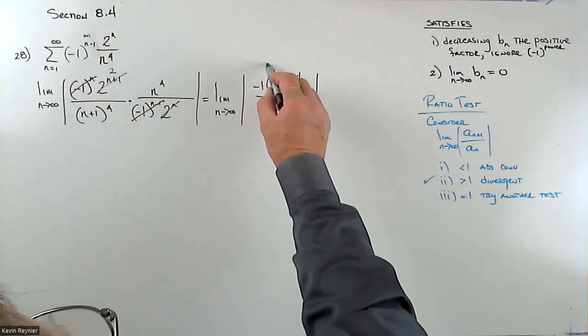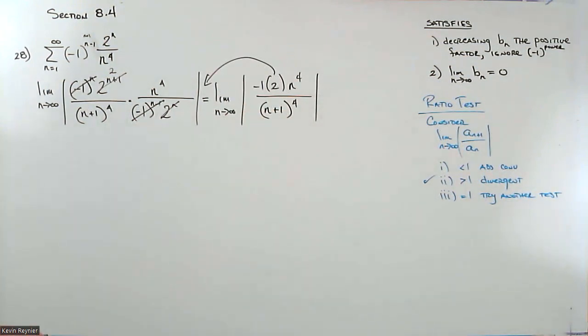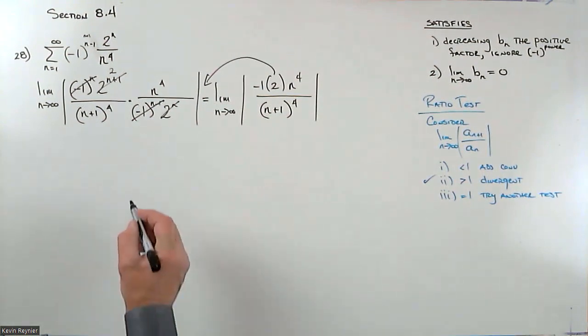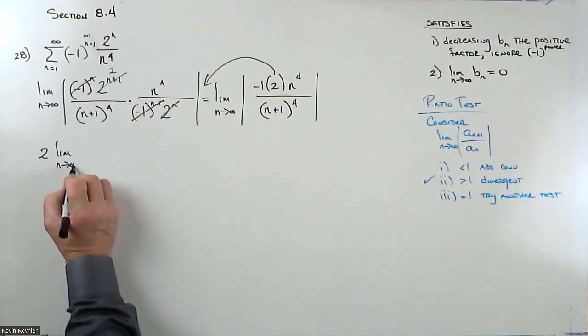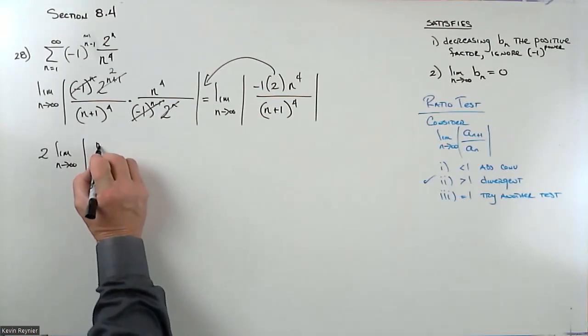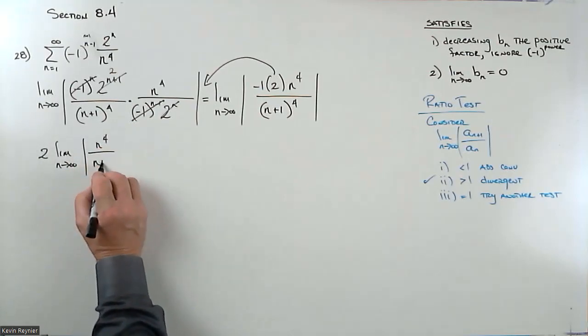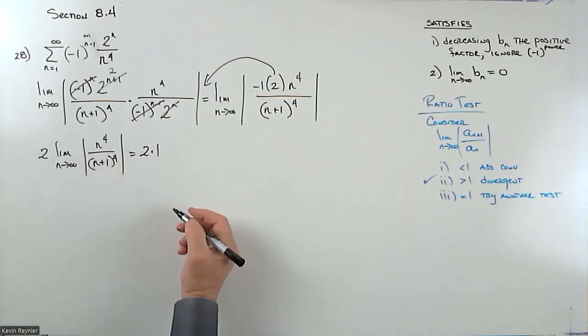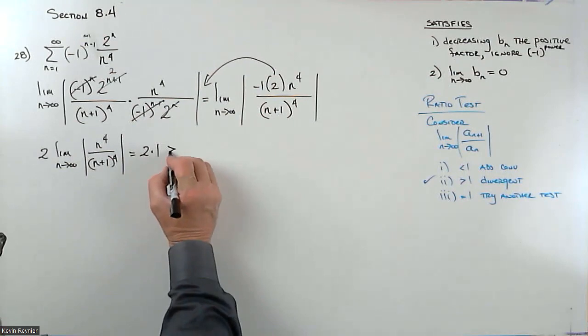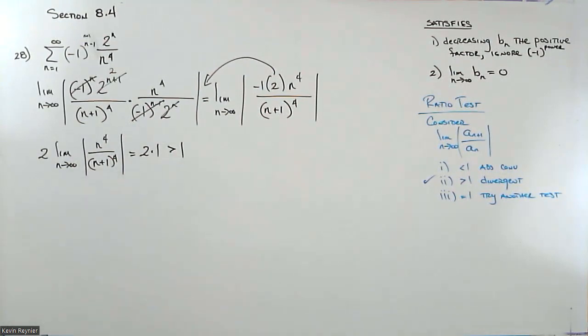Don't forget the absolute value. So when we bring it out here, it becomes a positive 2. And we have the limit as n approaches infinity, and once again, we have n to the fourth over n plus 1 to the fourth. So for the third time in a row, we have 2 times 1, greater than 1, right? So this diverges.